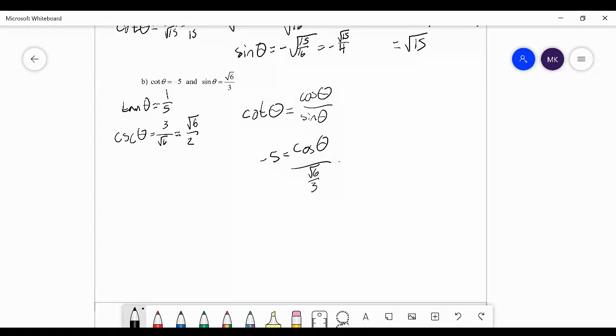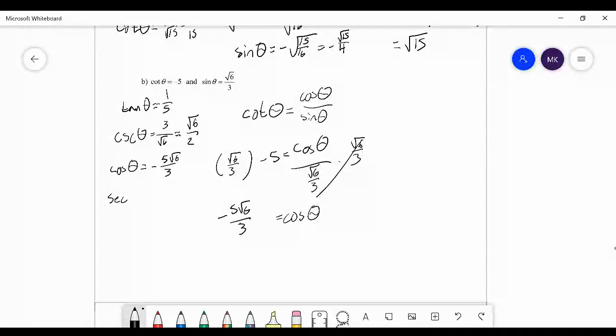To get this out, we multiply both sides by root 6 over 3. Those cancel, and I get that cosine of theta is negative 5 root 6 over 3. Now, that's not pretty, but it is functional and works.